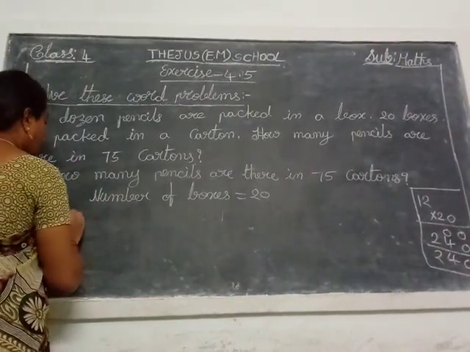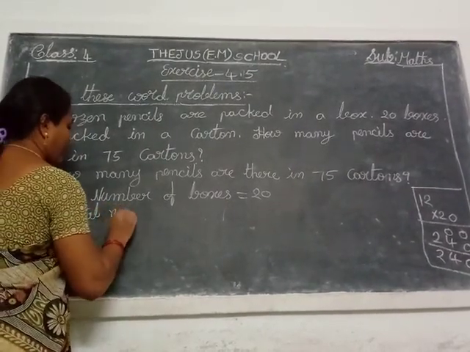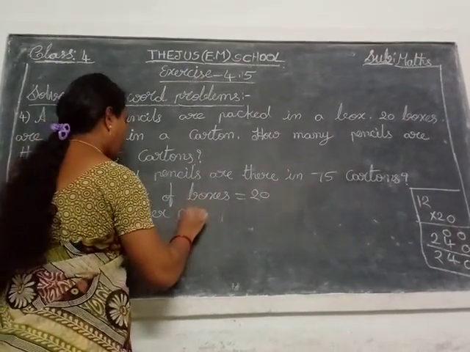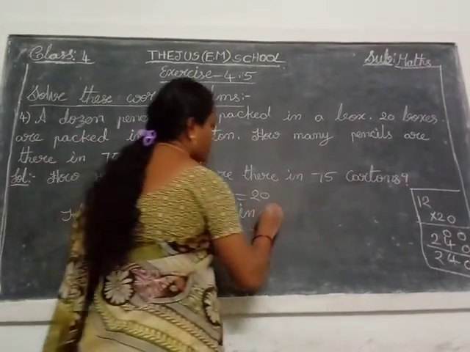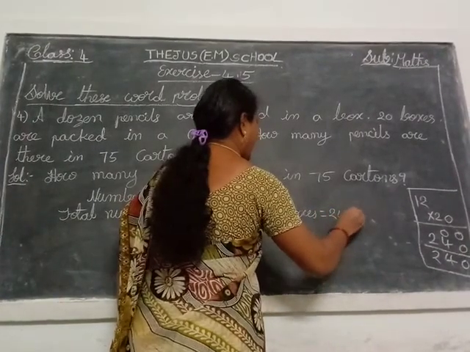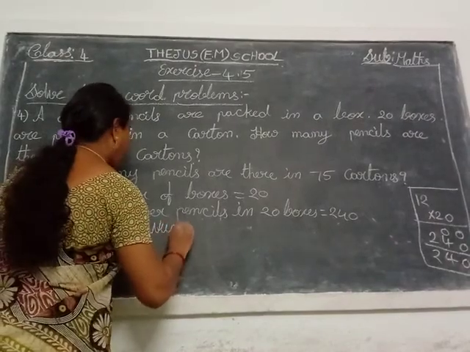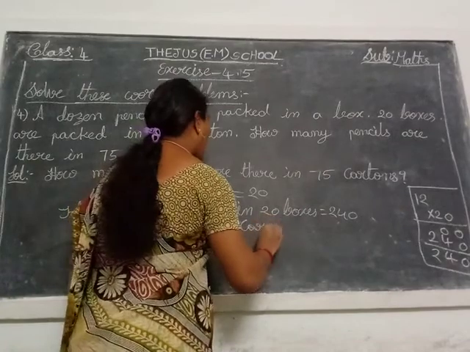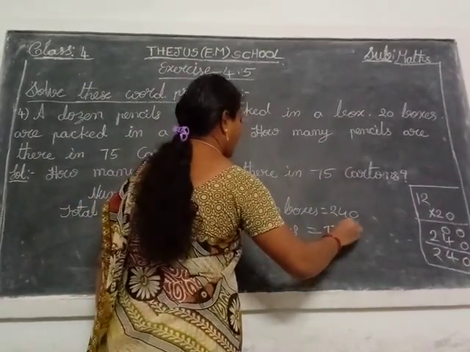240 pencils. So total 240. Okay, now we write here number of cartons, 75.